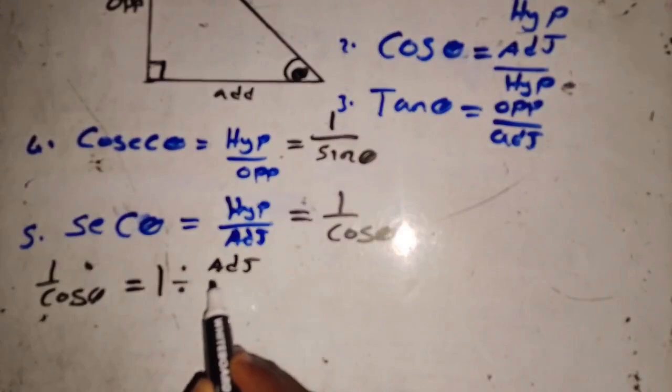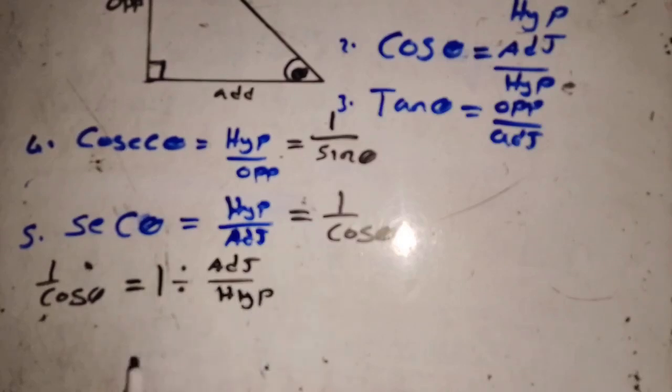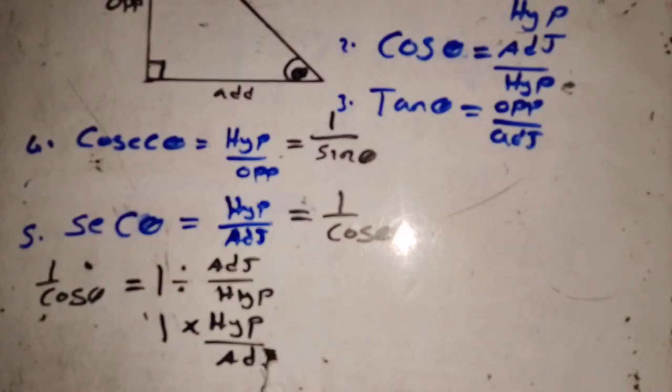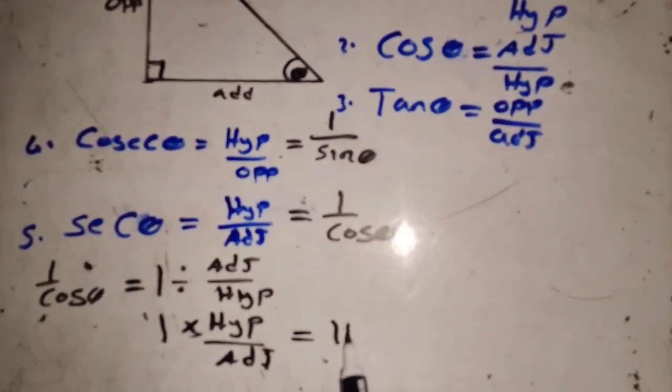Remember, division sign changes into multiplication, and when it changes, the numerator becomes the denominator and the denominator becomes the numerator. So here we are going to have 1 multiplied by hypotenuse up, over adjacent down. When you multiply this, it gives hypotenuse over adjacent. So we have proven that secant is the same as 1 divided by cos theta.